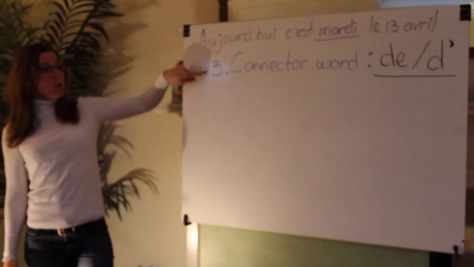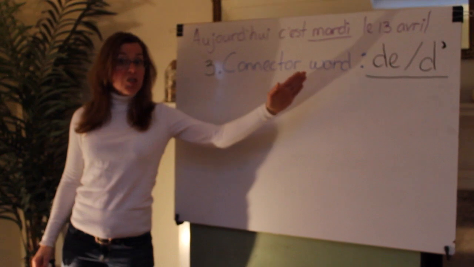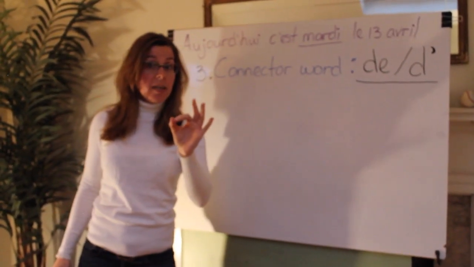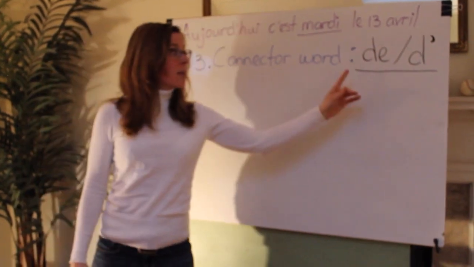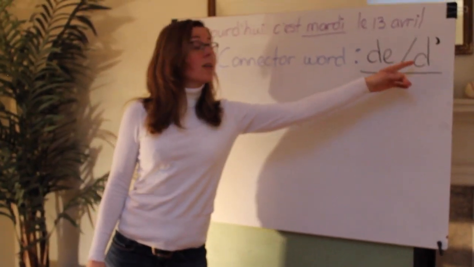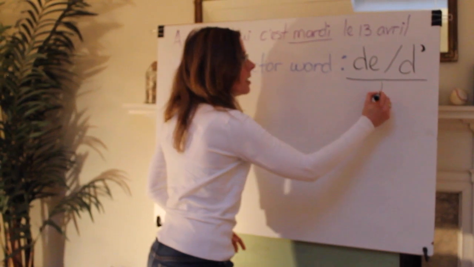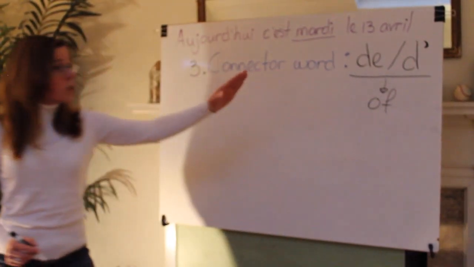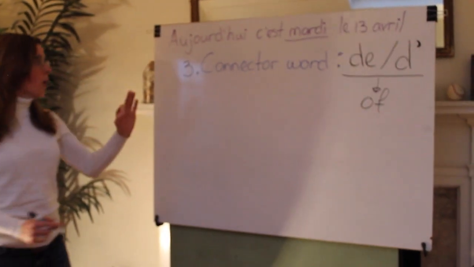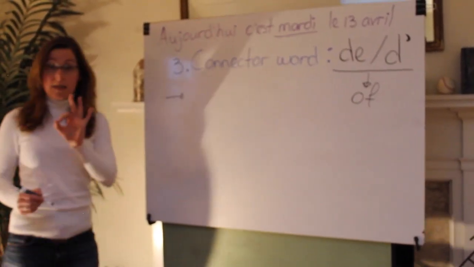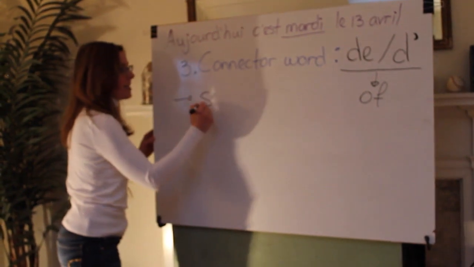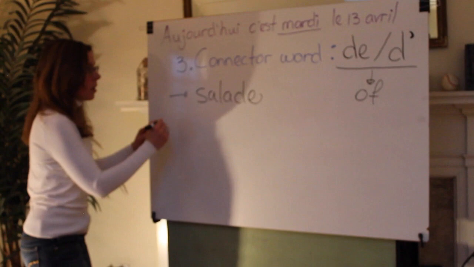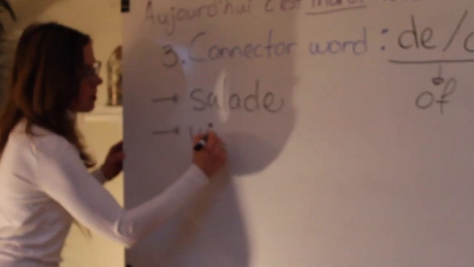Now the third rule is actually just another connector word that you can use, okay? And that you're going to be using only in specific cases, okay? So this connector word is de or d', okay? In English, it actually means of, okay? De and d', you are going to be using only and only for la salade or la viande.